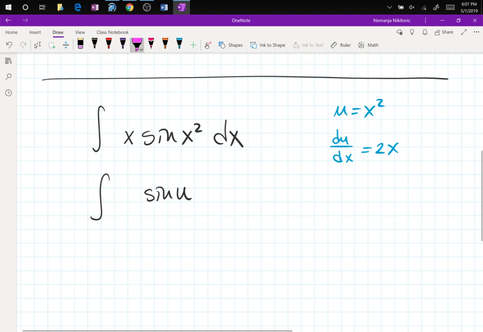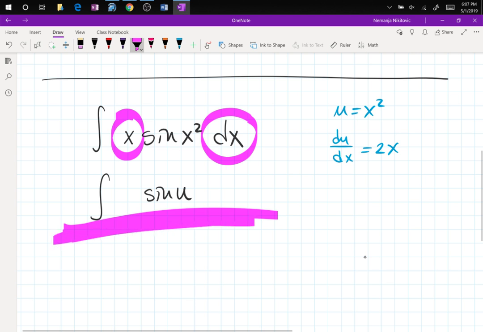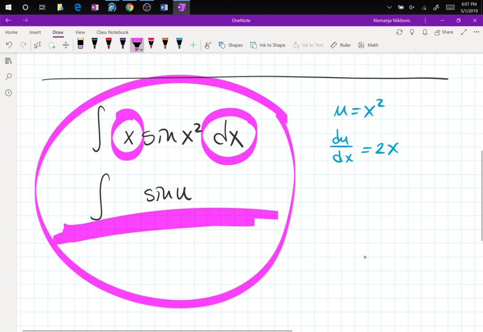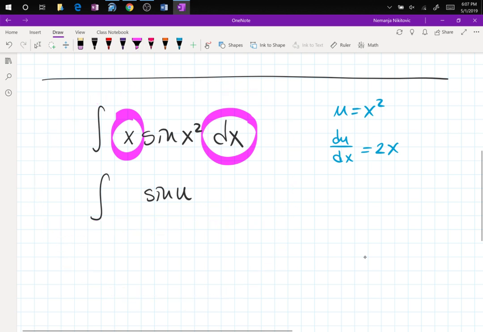But this needs to go out and this needs to go out, because your entire new integral is only allowed to have u as a variable.